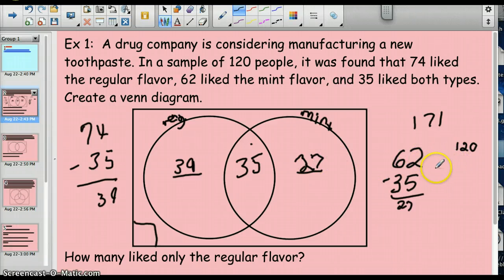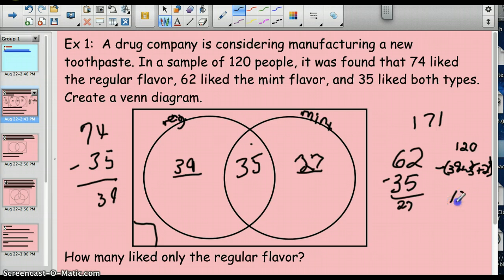So we will take our 120 and subtract out 39 plus 35 plus 27. In doing quick math, 39 plus 35 plus 27 adds up to be 101.